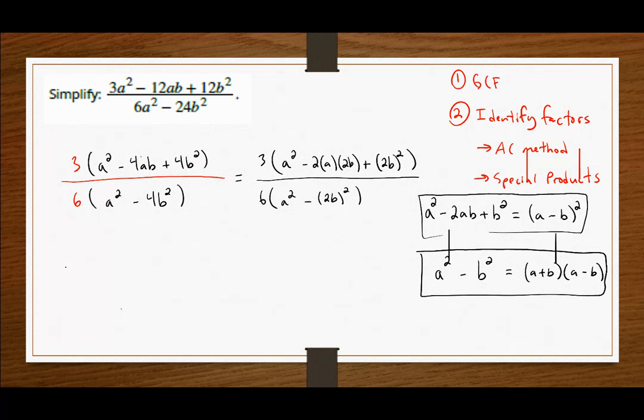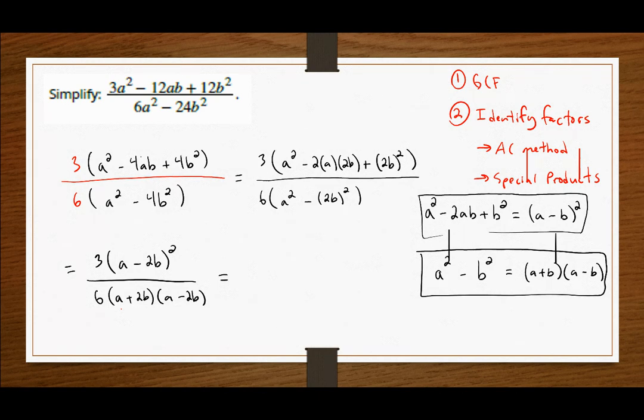So rewriting this expression one more time, our numerator could be re-expressed as a difference of squares. That would be a minus 2b squared. And the denominator, of course, a product of conjugates. So that would be, again, 6 times a plus 2b and a minus 2b.